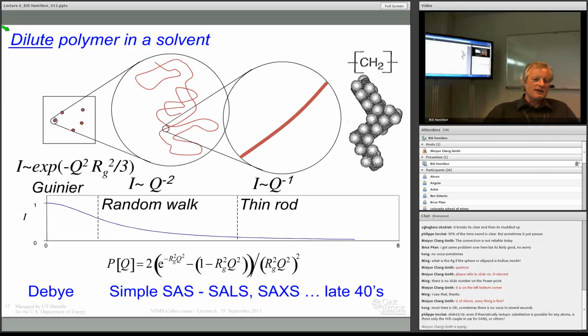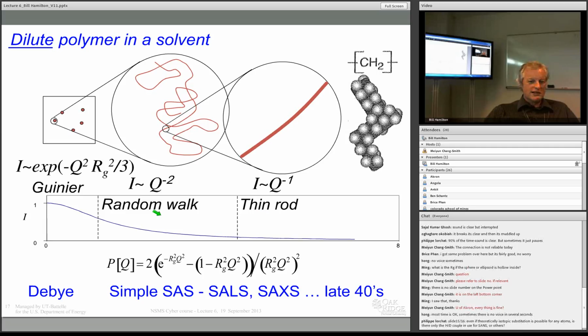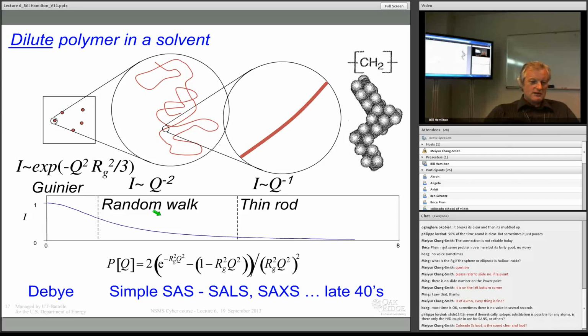And he discovered a Guinier region, and a region where it looked like a thin rod, and a region where it looked like a random walk, so Q to the -2. And he described the scattering in terms of the famous Debye function.